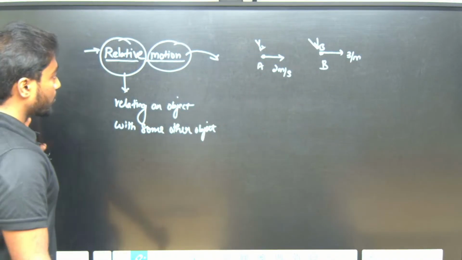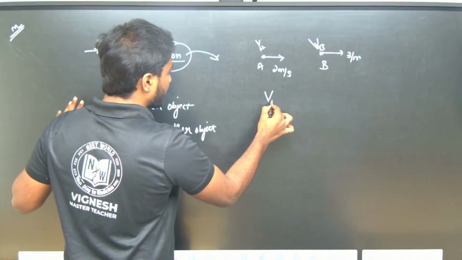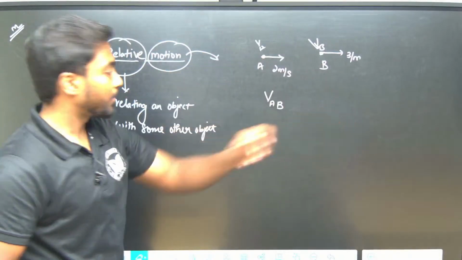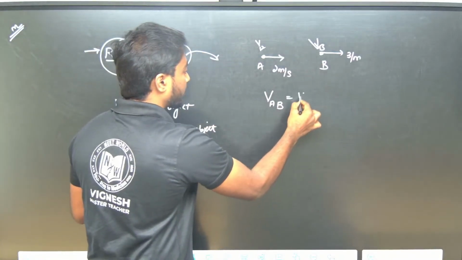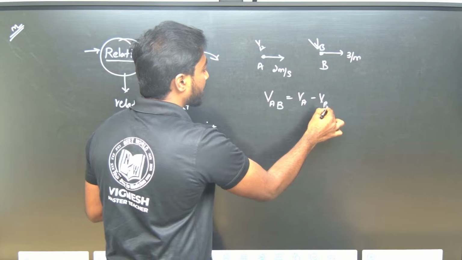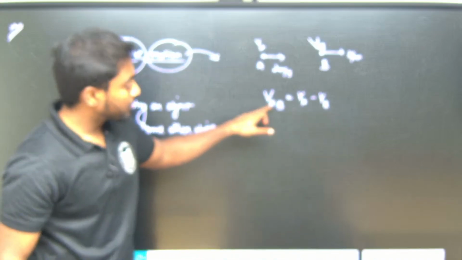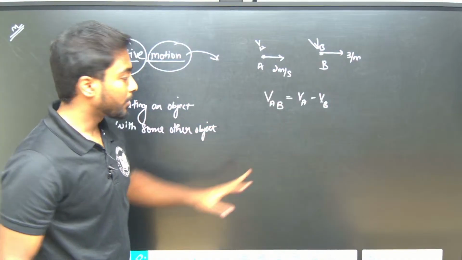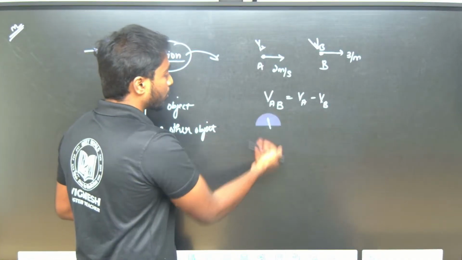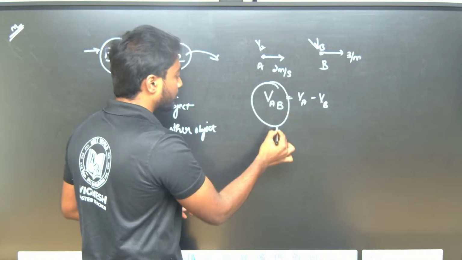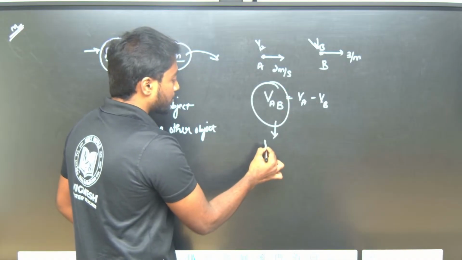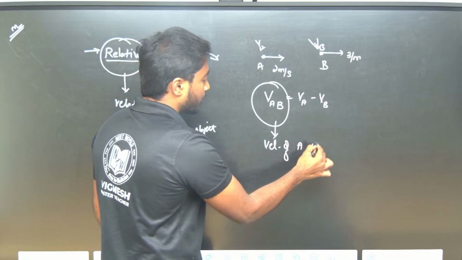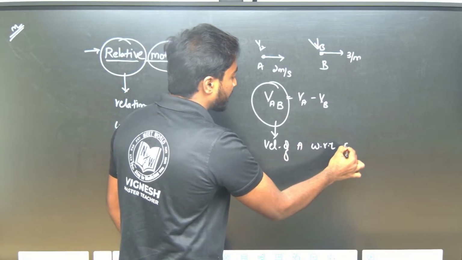Suppose I am talking about velocity of A with respect to B, which is nothing but velocity of A minus velocity of B. Whatever term is there first, I will write the first term minus the second term. This is velocity of A with respect to B.